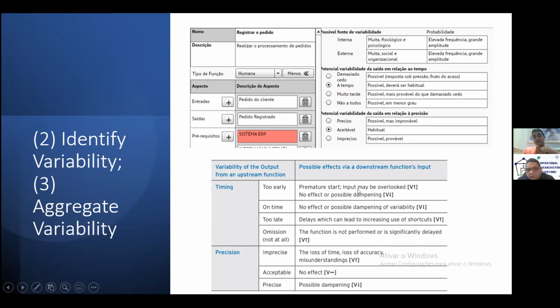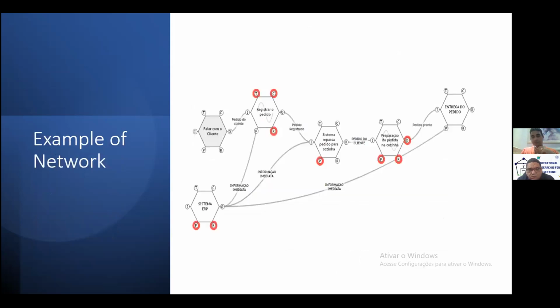For example, the input may be overlooked, or no effect, or possible dampening. It's very important because these textual values, these textual quotes, are an approximation of the variability. They can make things easier for the risk assessor when we look at that, right?